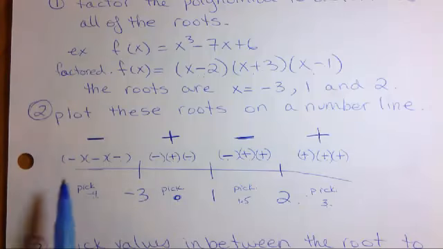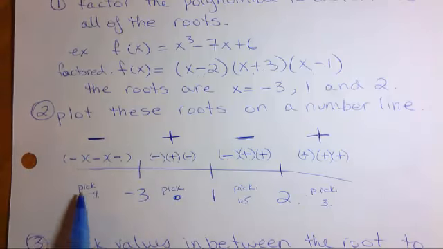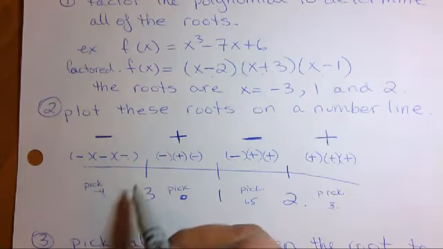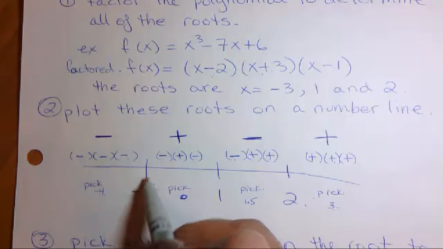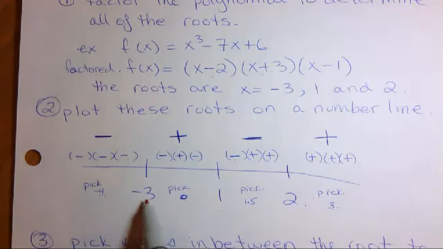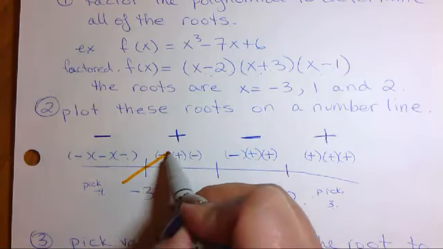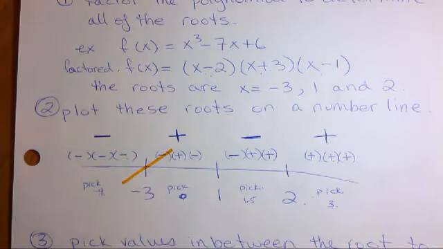This gives us a general idea of how the polynomial is flowing between the roots. When it crosses through the root at -3, it's going to go from negative to positive, so it's going to angle that way.